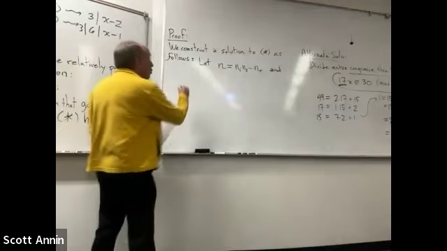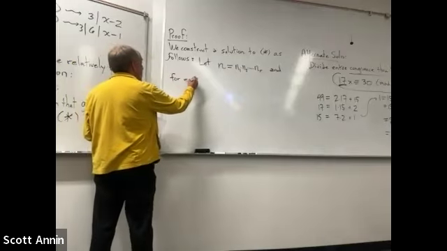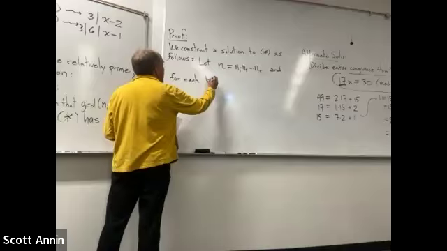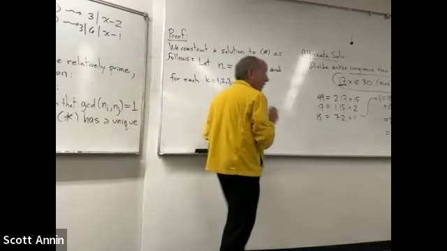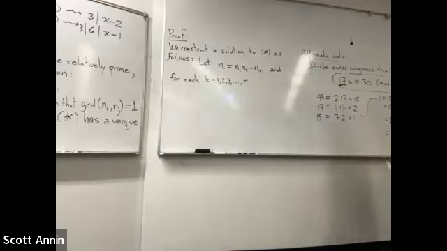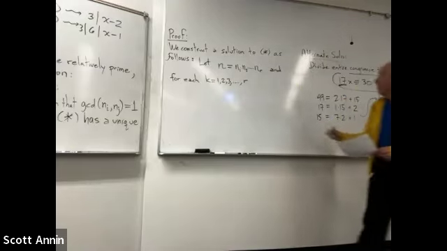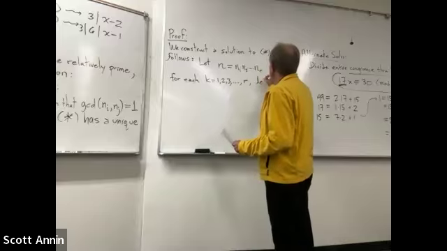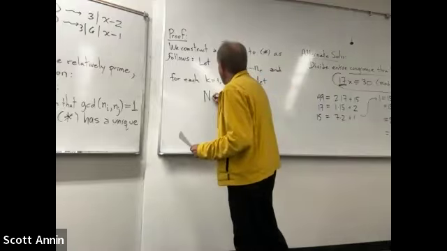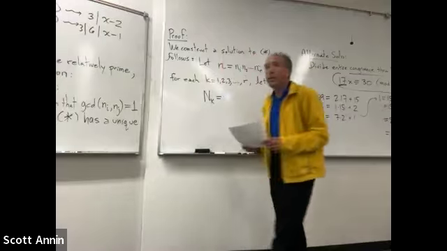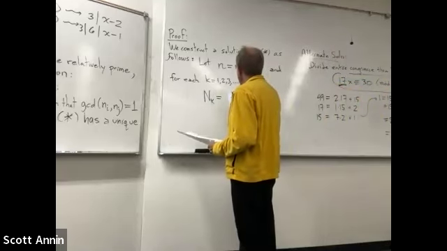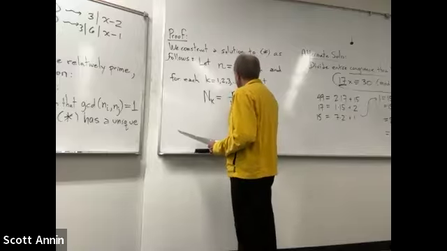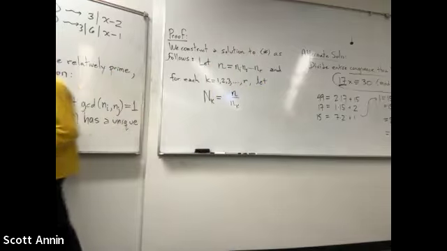And then for each k, which goes from 1 to 2 to 3 up to r, so for each k between 1 and r, we're going to let capital N sub k be equal to the little n that we just created divided by the little n sub k.